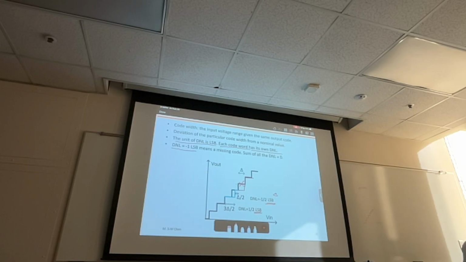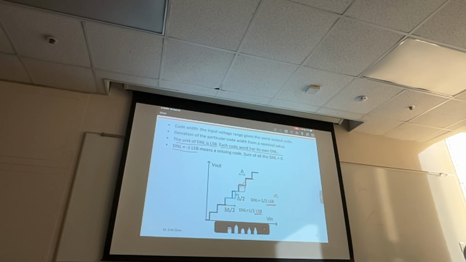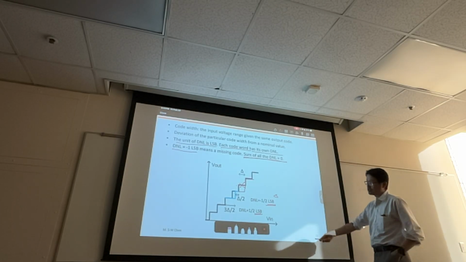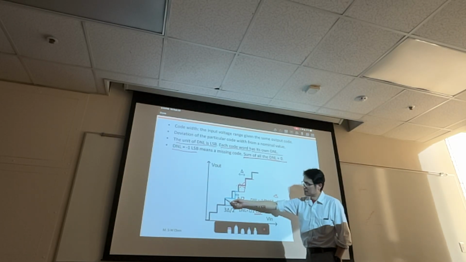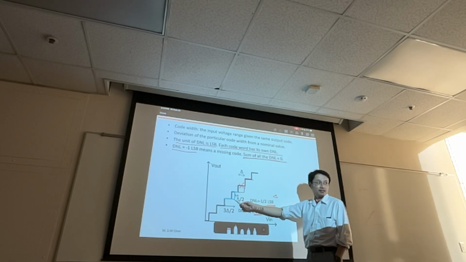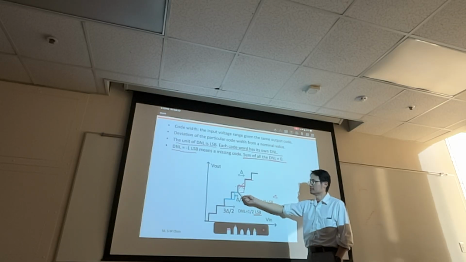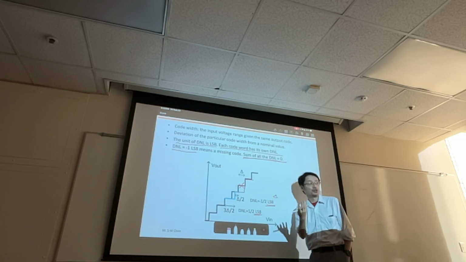Okay. Now, the last property is that if you sum all the DNL, it equals 0. Why is that? Just look at this little example, right? If this step is longer, the next step, assuming the rest is the same, has to be shorter.